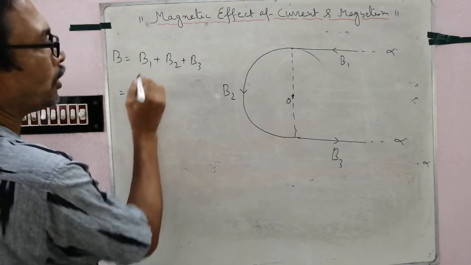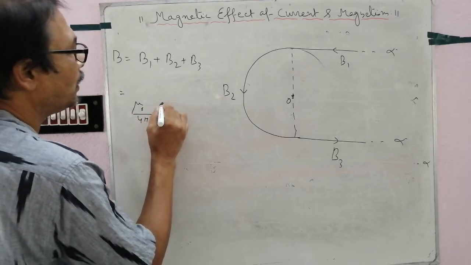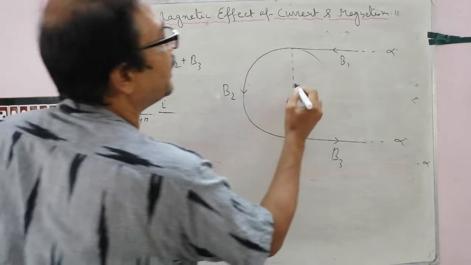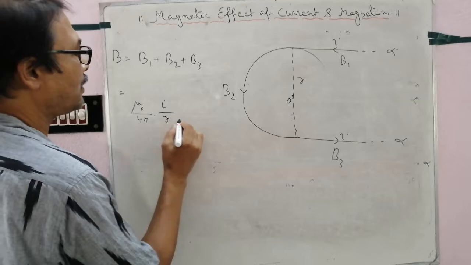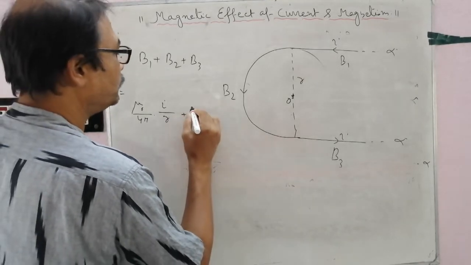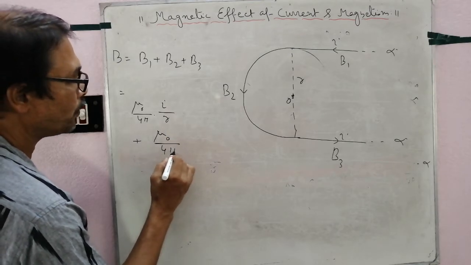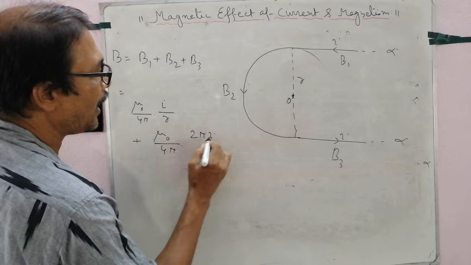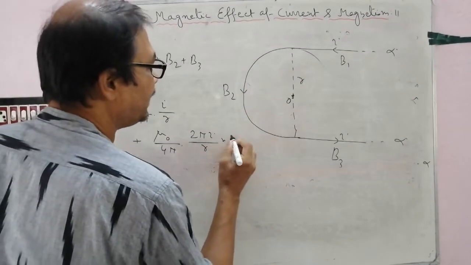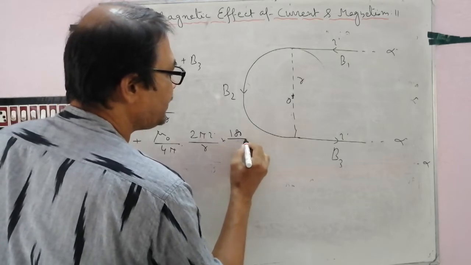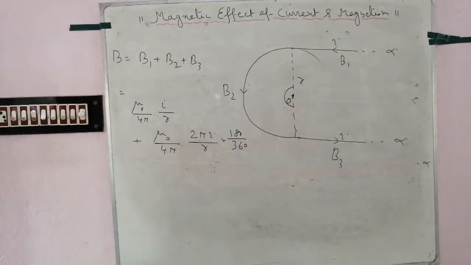So what will be the result for B1? Mu naught by 4 pi I by radius R, current I by R, plus for B2 mu naught by 4 pi 2 pi I by R for the whole circular loop, but here half, that is 180 degrees by 360 degrees, because this angle is 180 degrees.